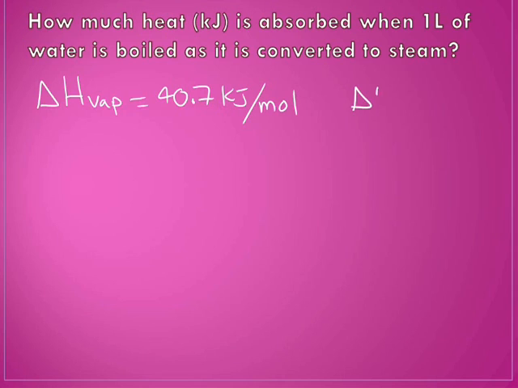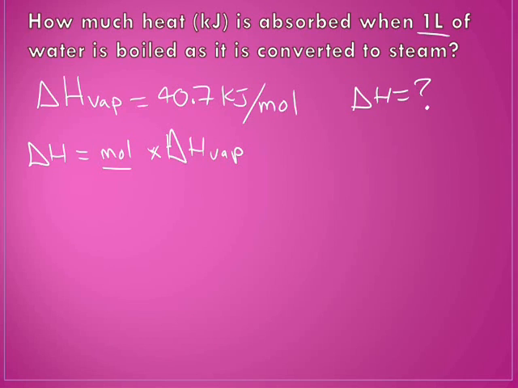We want to know how much heat is absorbed. So we have our formula, delta H equals moles times the heat of vaporization. But the problem is, we have moles and then we have liters. We don't have grams. But if we remember our conversion, 1 milliliter of water equals 1 gram of water.